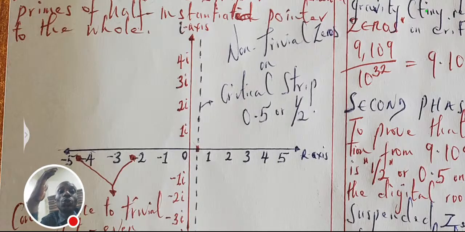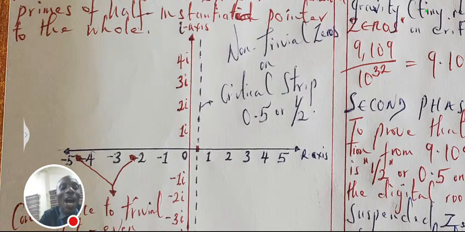Well, computers worked on this problem. Computers were able to get about 10 trillion zeros on this critical line. None of the zeros was actually found outside the vertical line. You understand?